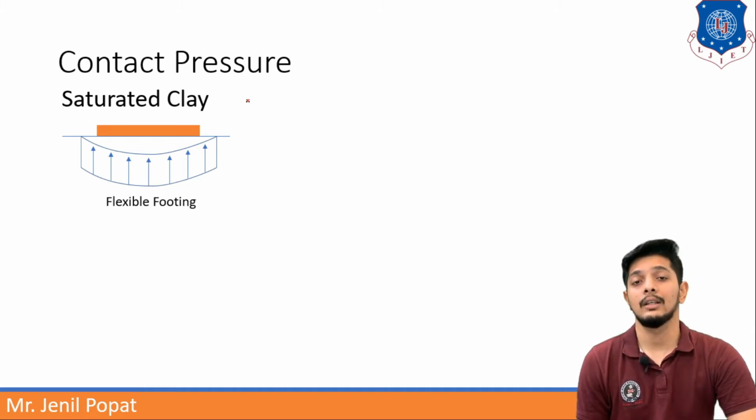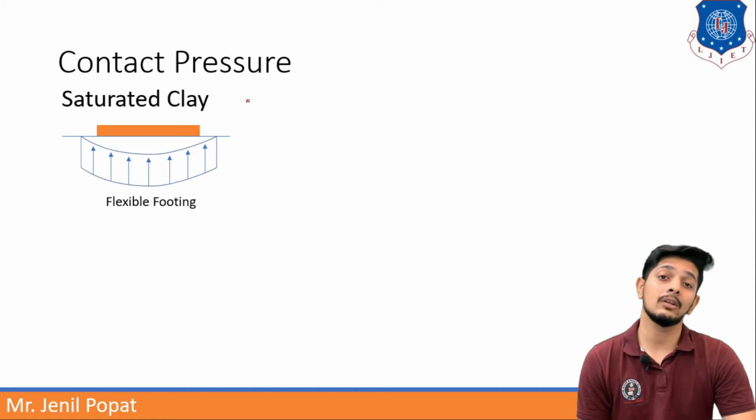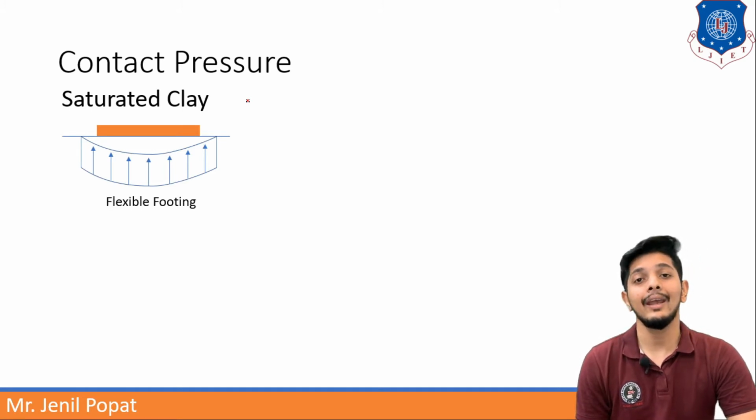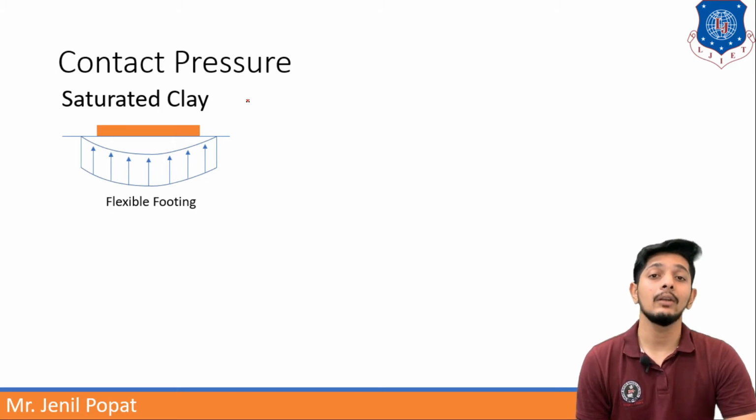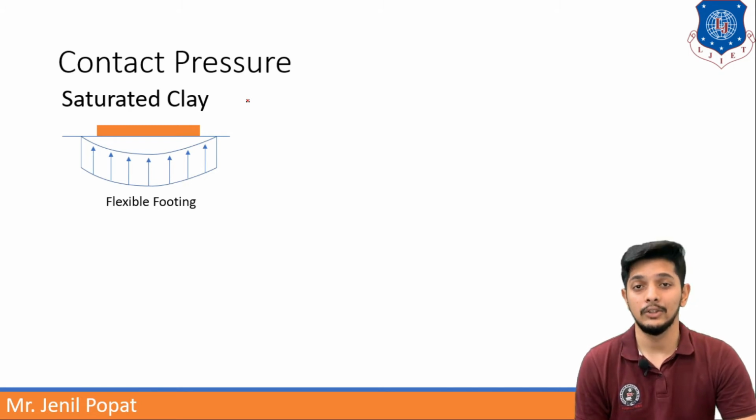We should understand that the contact pressure will depend upon two things: the flexural rigidity of the footing and the elastic properties of the underlying soil mass. So it will depend on both. It is not directly assumed as uniform.